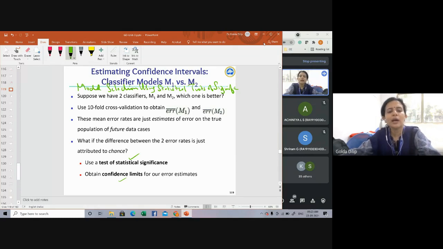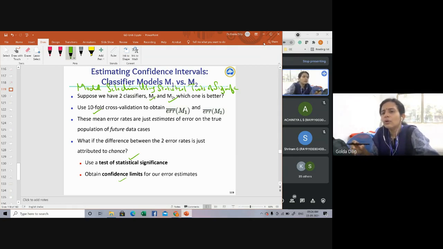Suppose we have generated two classification models, M1 and M2, from our data, and we have performed tenfold cross validation. Do you remember what cross validation and tenfold cross validation are all about? When k is equal to 10, 10 folds are involved. You split the entire data set into 10 groups.